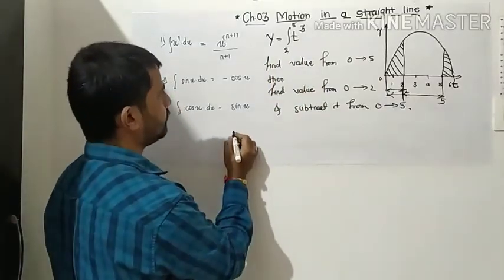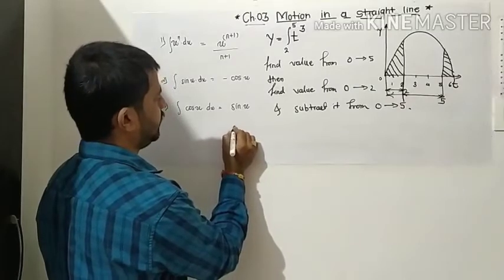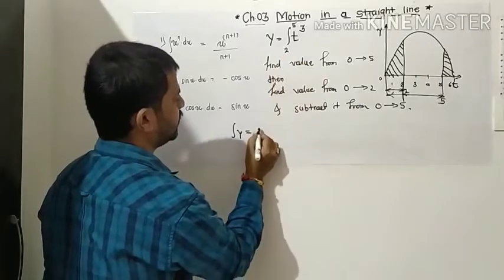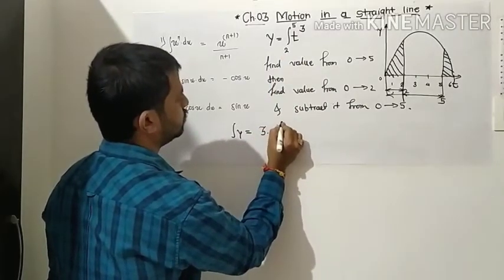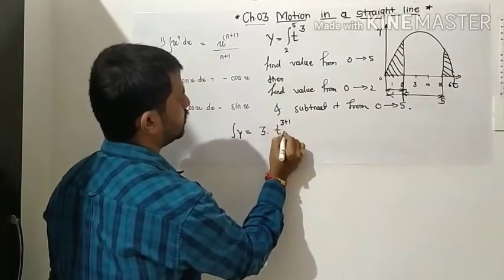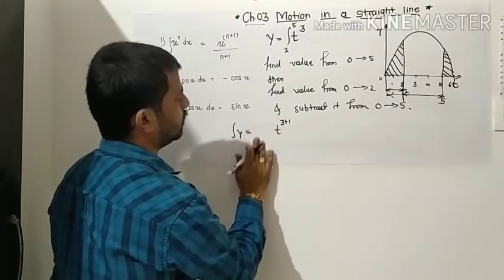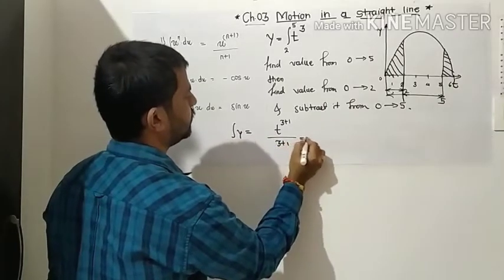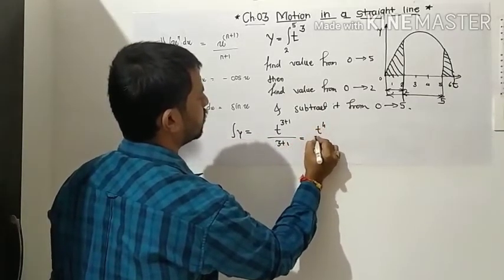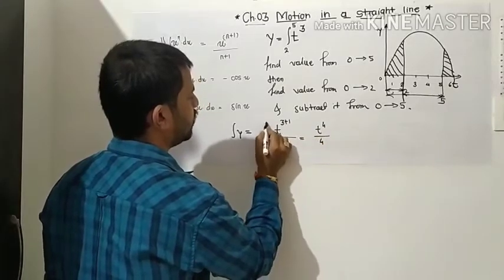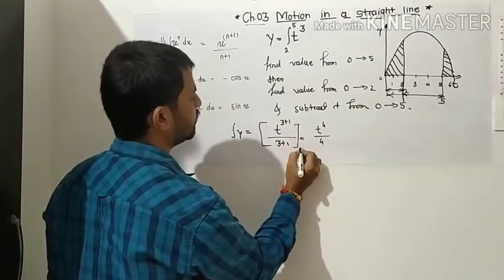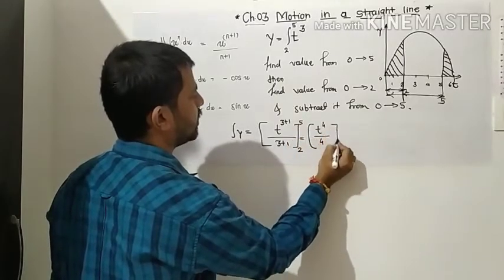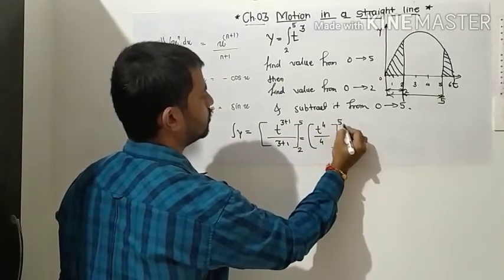The integration of y will be t raised to n plus 1 upon n plus 1, so it will be t raised to 4 upon 4, and we have to apply the limits 2 to 5 to this equation.